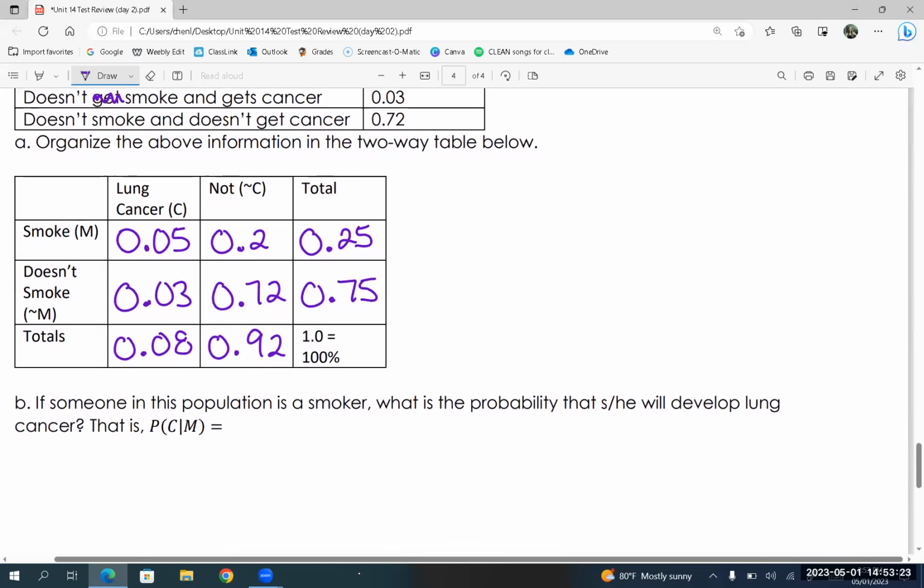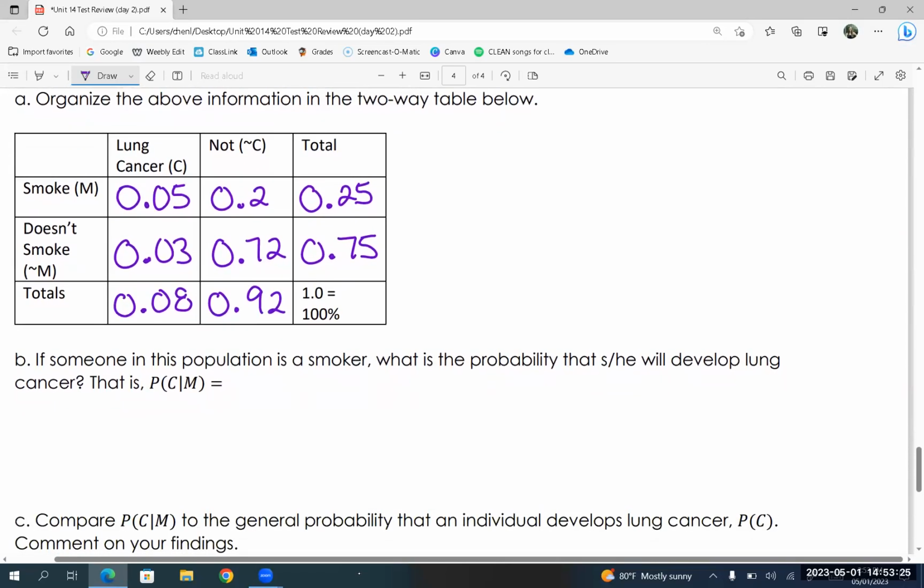Okay, part B: if someone in this population is a smoker, what is the probability that she or he will develop lung cancer? Essentially, what's the probability of C given M? That is the probability of M and C, so they smoke and get cancer, divided by the probability that they smoke.